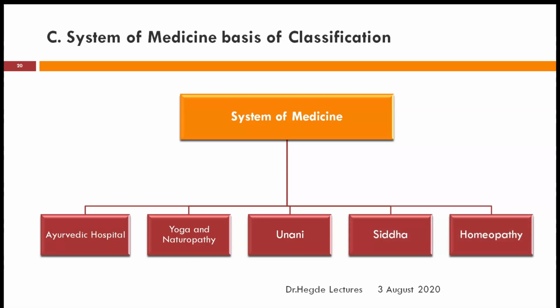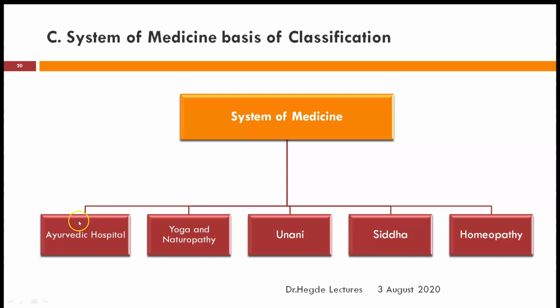These are different types of alternative systems of medicine giving services to mankind. These hospitals may again be subclassified according to the clinical basis and the ownership and administrative control basis of classification, as I have mentioned above.